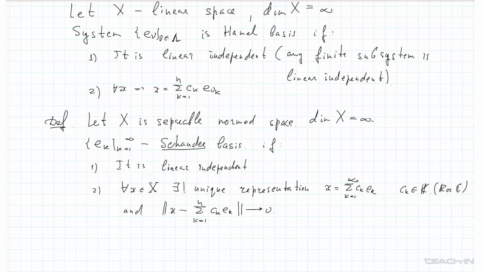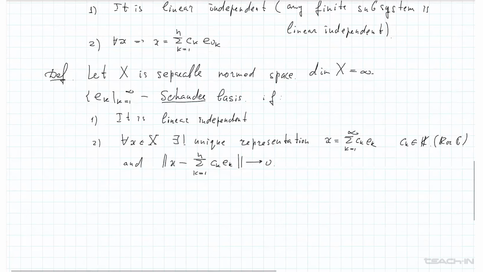And the question: why do I use this? From the definition of a Schauder basis, if it exists, our space immediately must be separable. Why?